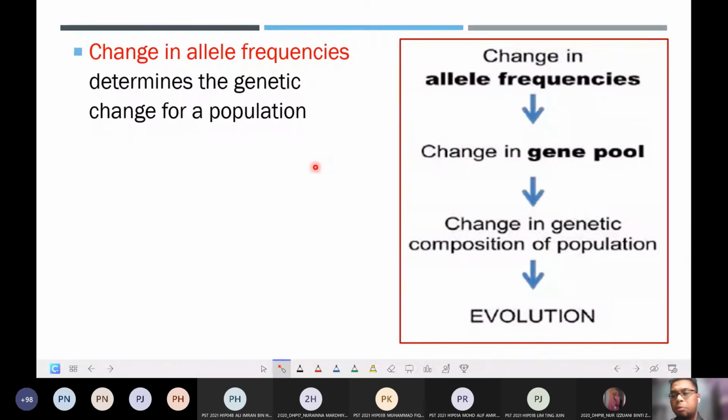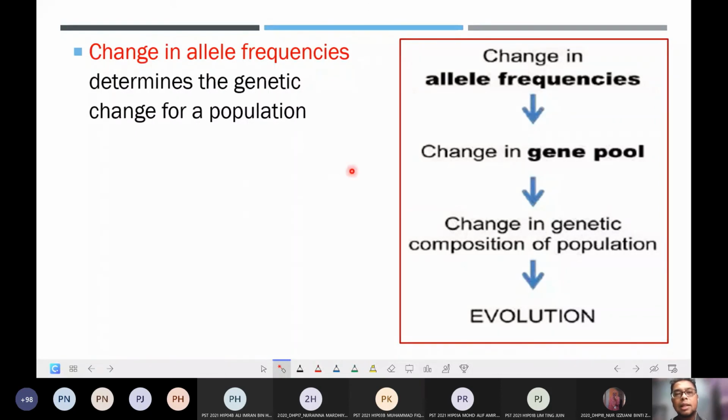So what is the importance actually for us to calculate the frequency of the allele? In biology, when we check the frequency of the alleles, we just try to see whether there is a change in the frequency of alleles.